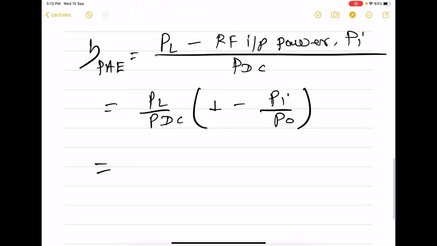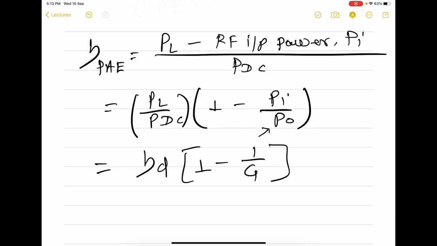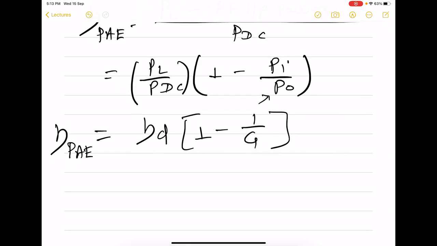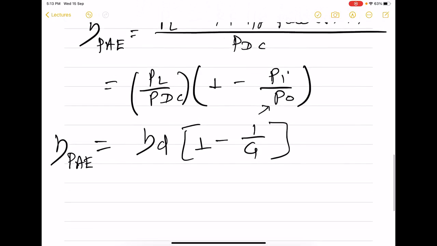And then it can be written as this factor is drain efficiency, and the factor inside this bracket is 1 by G. So here we can see that this is a composite efficiency. That means it depends upon two parameters, drain efficiency and the gain.